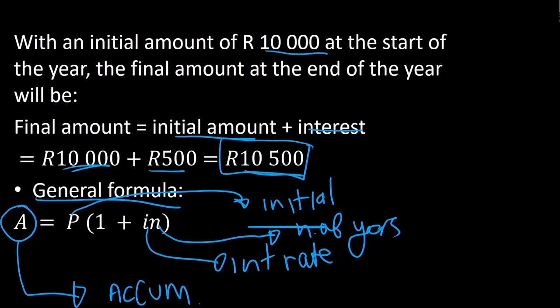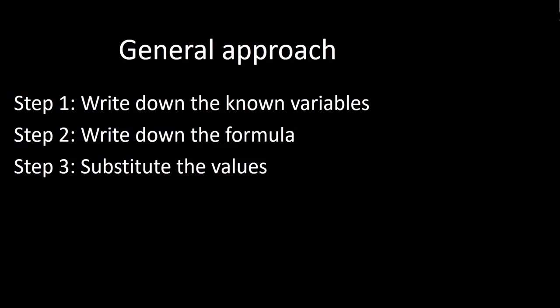So say, for example, I knew what A was, and I knew what P was, and I knew what i was, and I wanted to find out n. I could do that just by changing the subject of this formula.